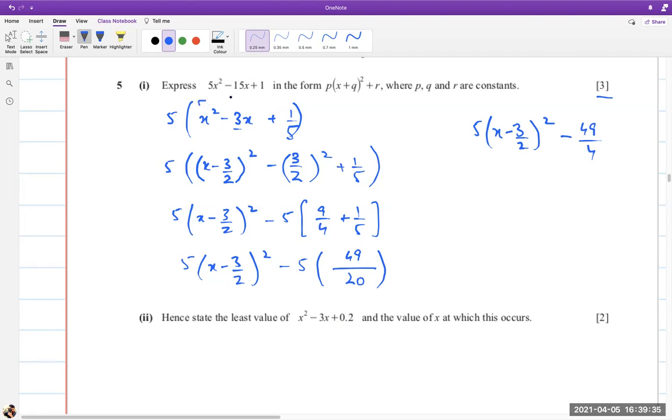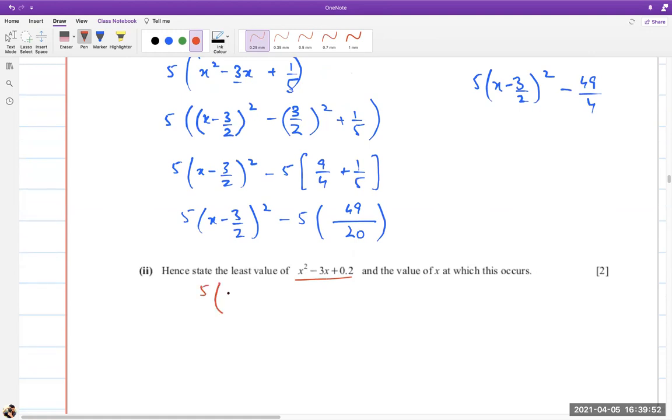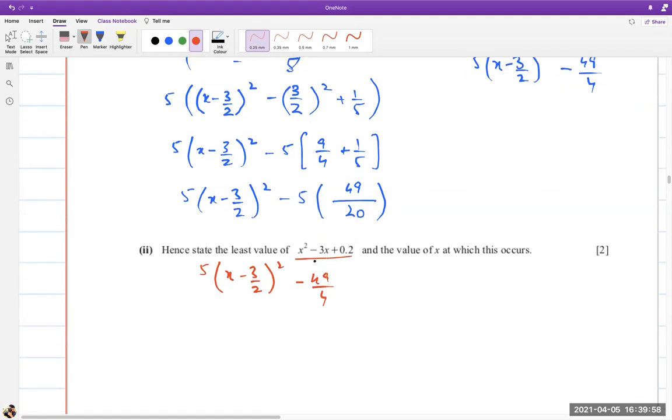This thing inside, that's exactly what this curve is. It's basically the previous question but without 5. So if I write the previous question, what do I have? Previous question gave me 5 into x minus 3 by 2 whole square minus 49 by 4. And this curve is just that.